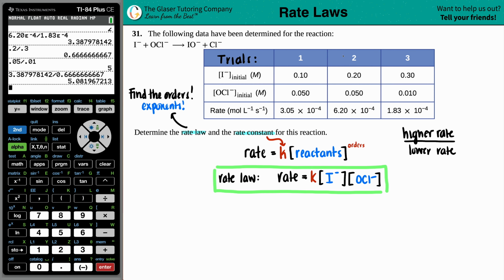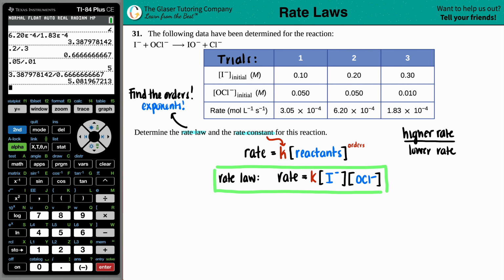Some teachers or professors say it doesn't matter what trial you take. Some have a habit of taking the last one. I'm going to take one trial, and if you want, you could take another trial and see if the k values are the same. Hint, they should be very similar because it's a constant for all the trials.